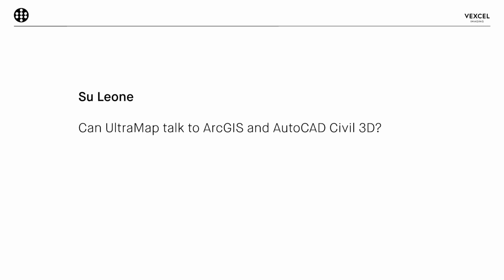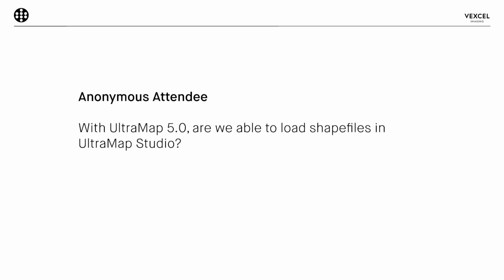Great. Next question is, with UltraMap 5.0, are we able to load shapefiles in UltraMap Studio? Yeah, so there are several points in the workflow where it makes sense to import vector data, to import shapefiles, or also GeoJSON files.